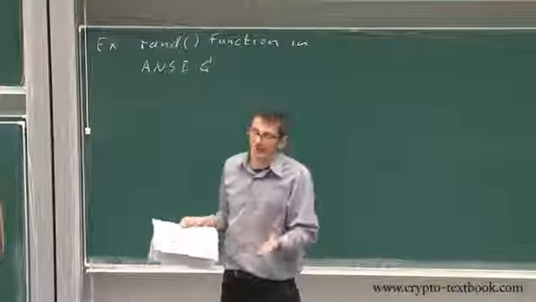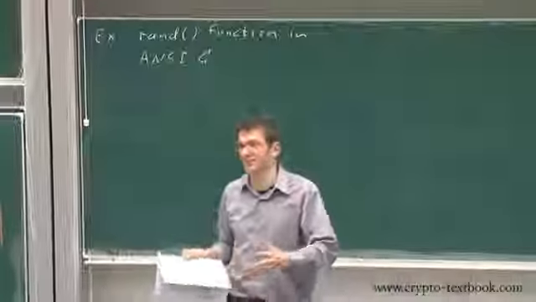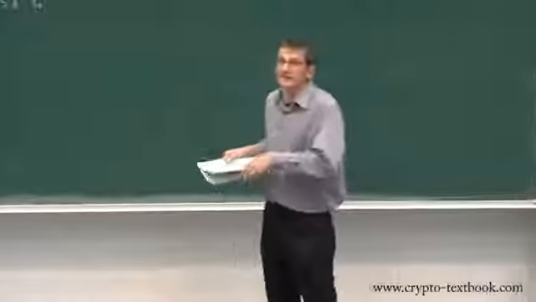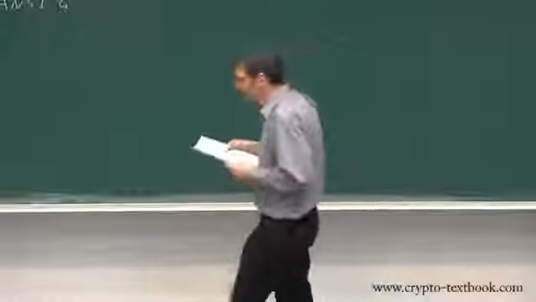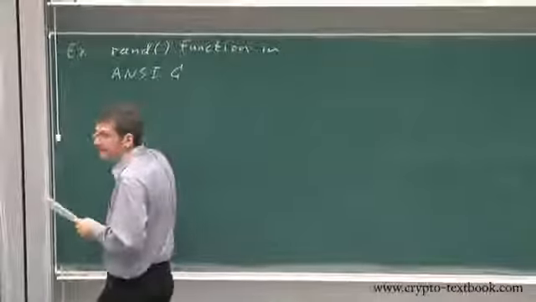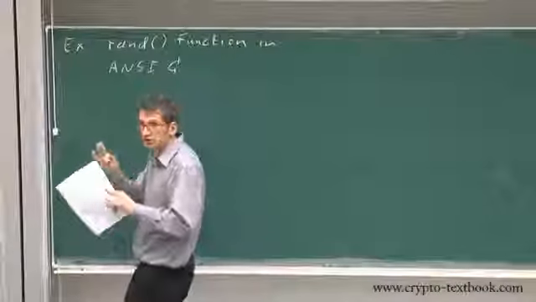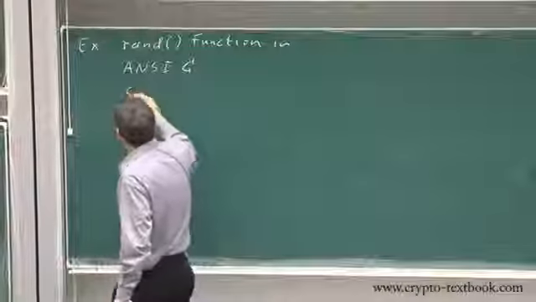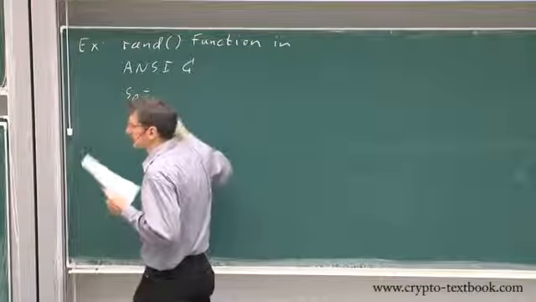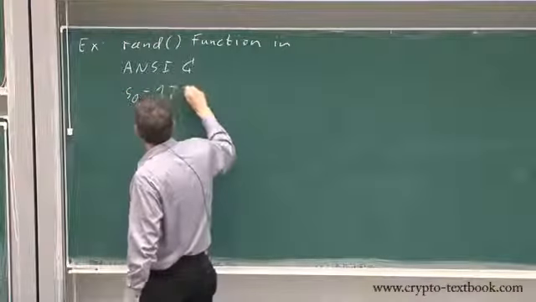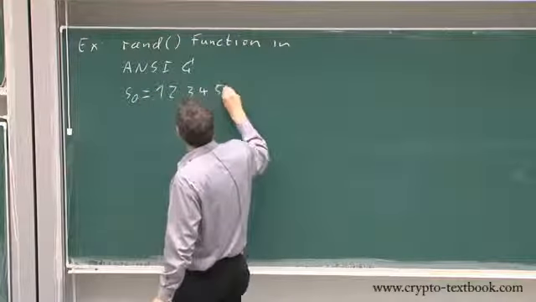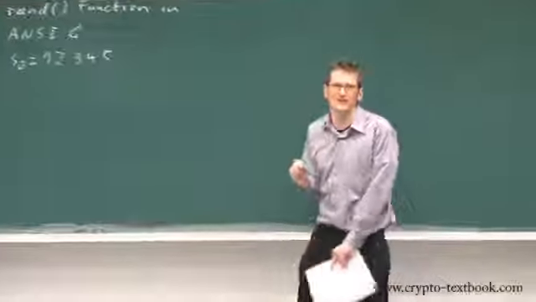Java, okay. Before Java, there was C, and C is still very, very important, particularly in engineering. C has a random function, rand, okay? And this is part of the official international standard. The rand function has a fixed seed, which is a nice value, 12,345, or 1, 2, 3, 4, 5.